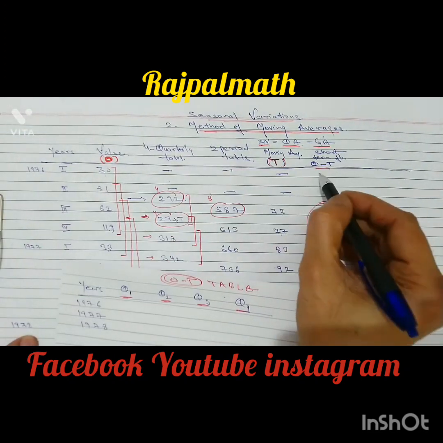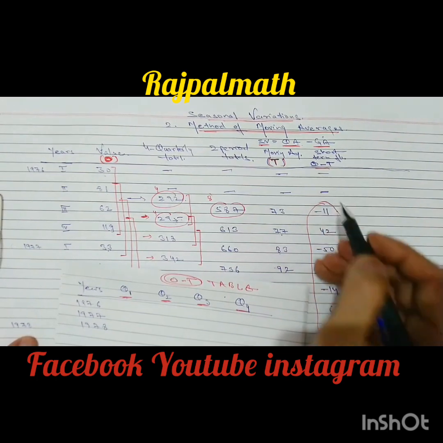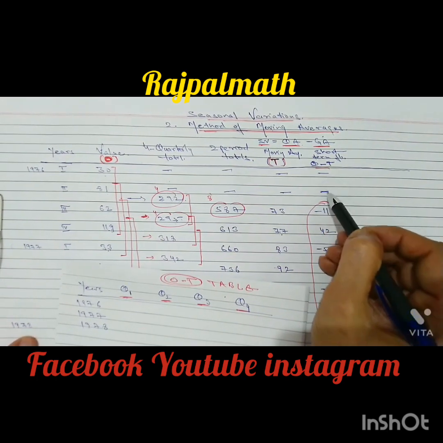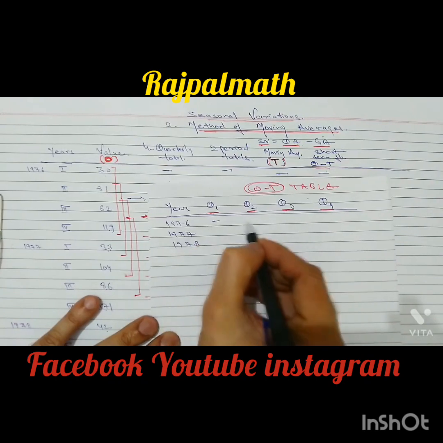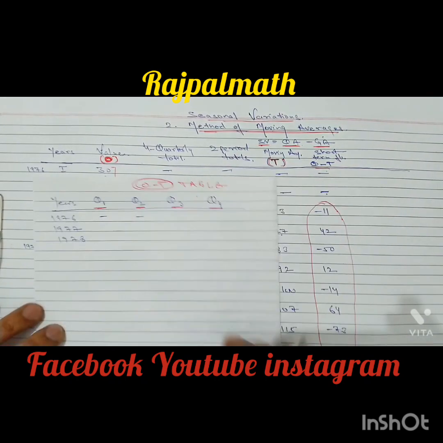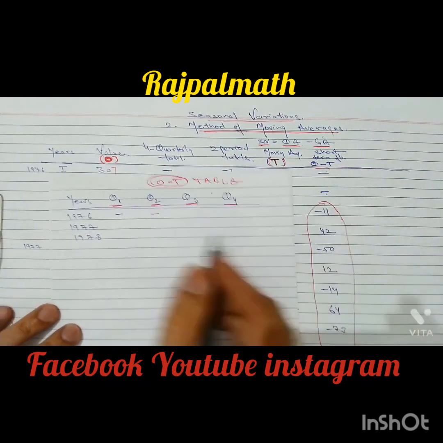Now for the first 2 quarters, 1976 first quarter and 1976 second quarter, O minus T is dash. For next, minus 11 and 42.